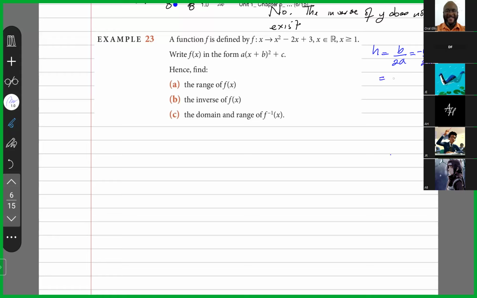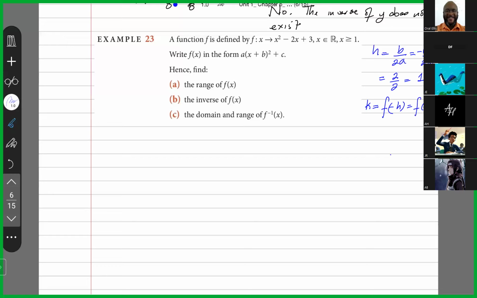Minus minus is plus, so this is 2 over 2. h is equal to 1. And k, as I've told you before, is equal to f of minus h, which is equal to f of minus 1. So this is another way in which you can determine what h and k are.